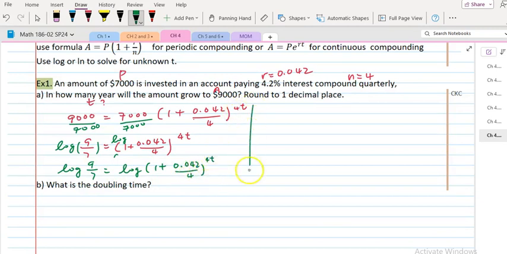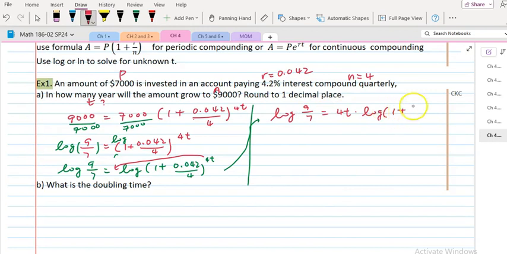Okay, continue on this side. So the 4t is inside the log, so we can move it as an exponent. So now we have log of 9 over 7 equal to 4t times log of this whole bunch, 1 plus 0.042 over 4.